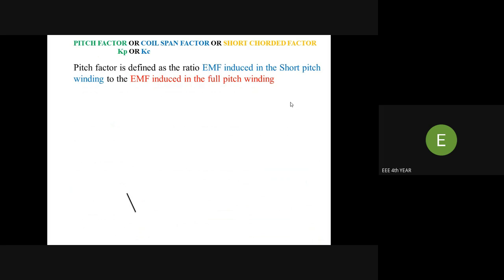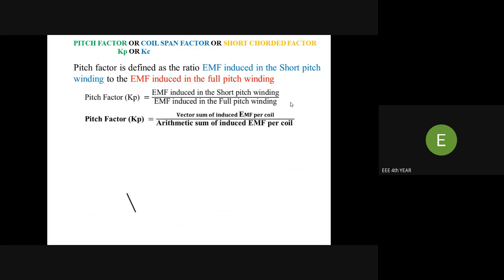Pitch factor is defined as the EMF induced in the short pitch winding to the EMF induced in the full pitch winding, or the vector sum of induced EMF per coil to the arithmetic sum of induced EMF per coil.